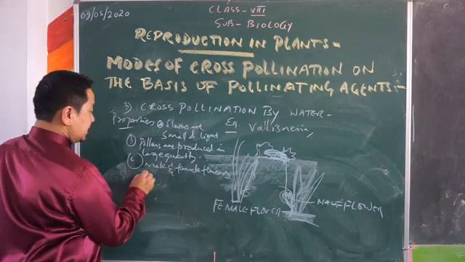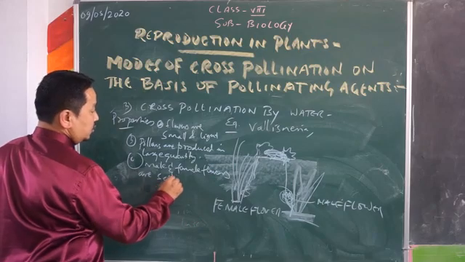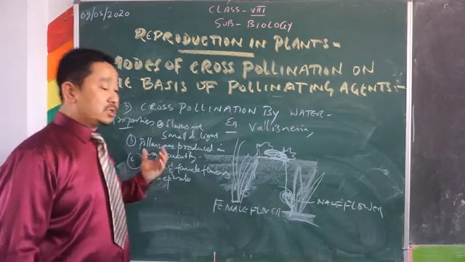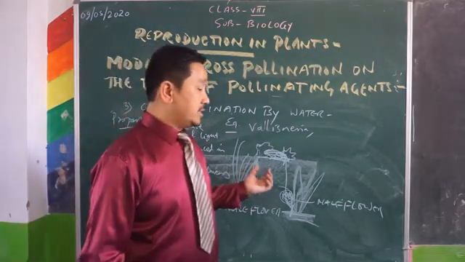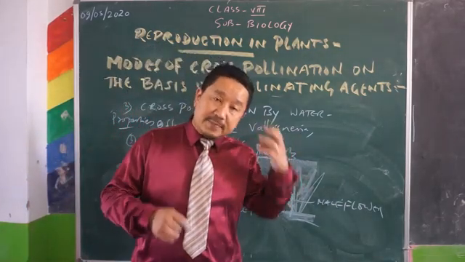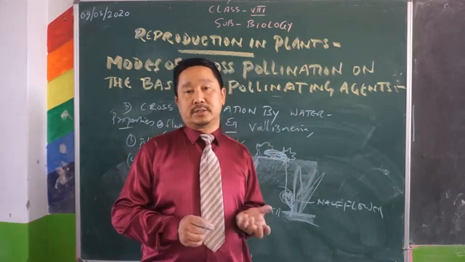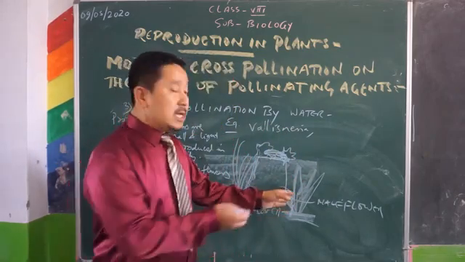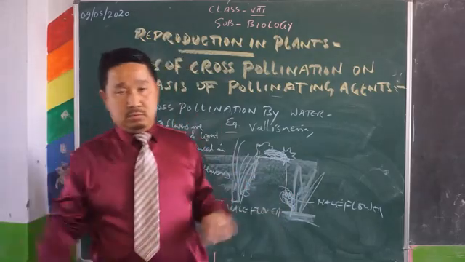So, the pollen grains are produced in large quantity because there is every chance of the wastage of pollen grains. Okay, because water doesn't know that the pollen grains have to be taken from the male flower to the female flower, doesn't know.